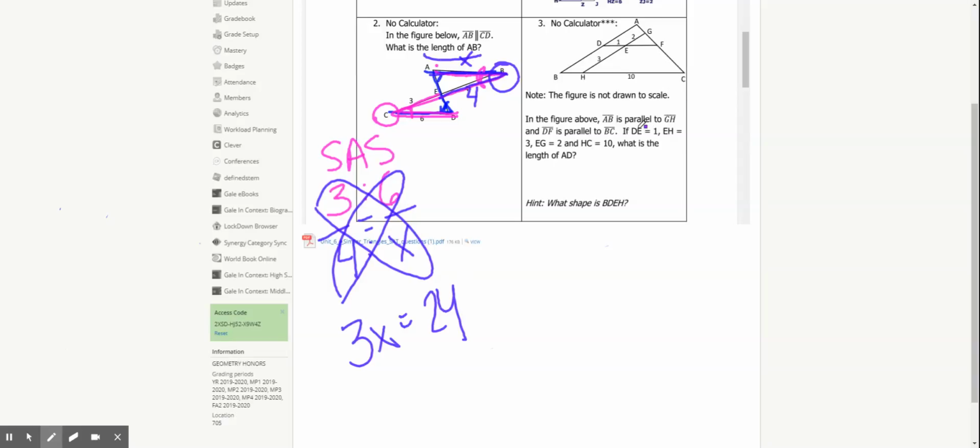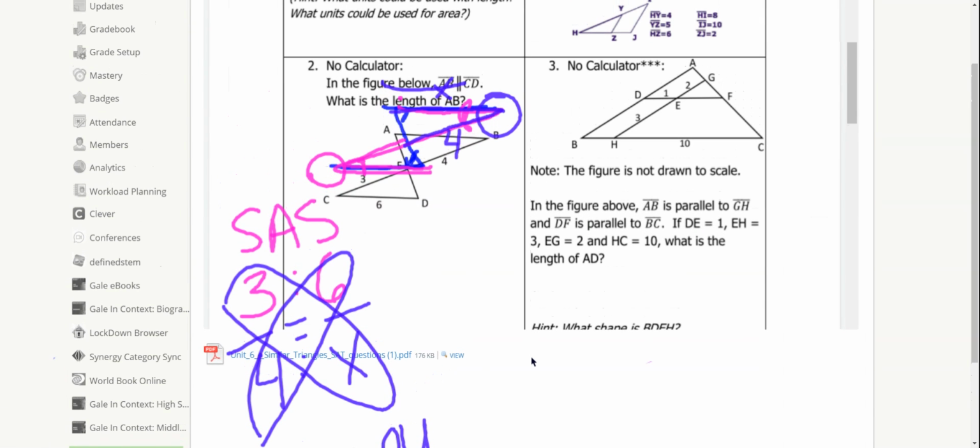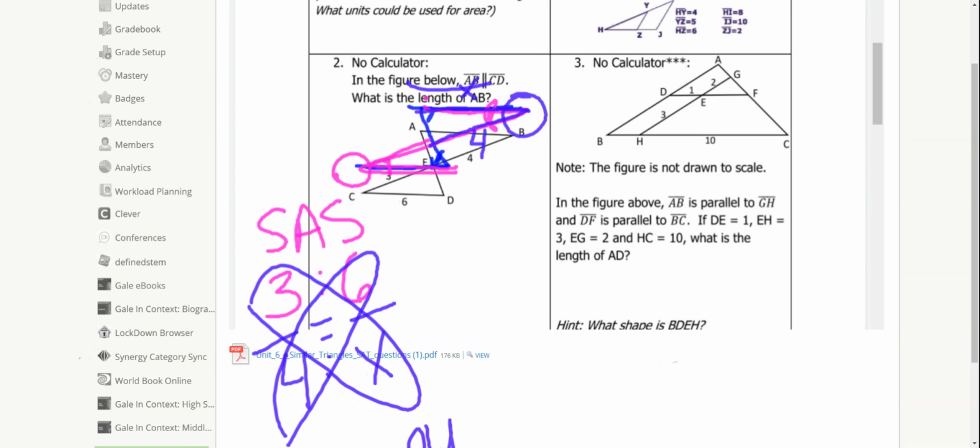Question number 3. I'm going to see if I can make this a little bit bigger, because I think we're going to need a little bit more room for number 3.